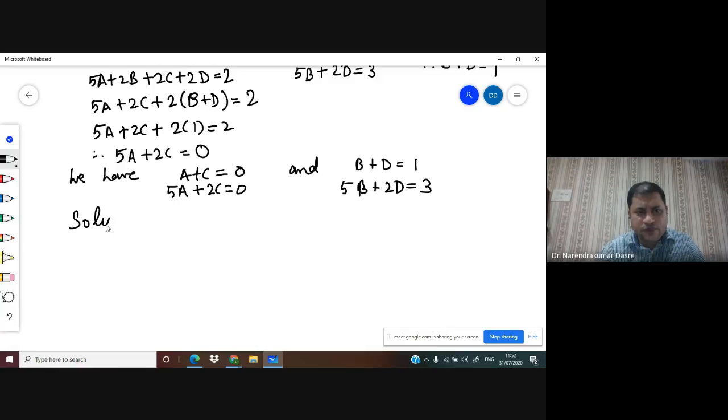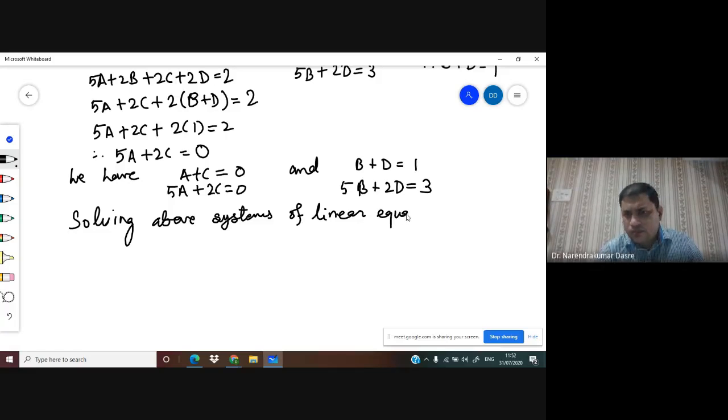So right here, solving the above systems of linear equations, we get. Okay, so calculate these values and tell me what you will get.